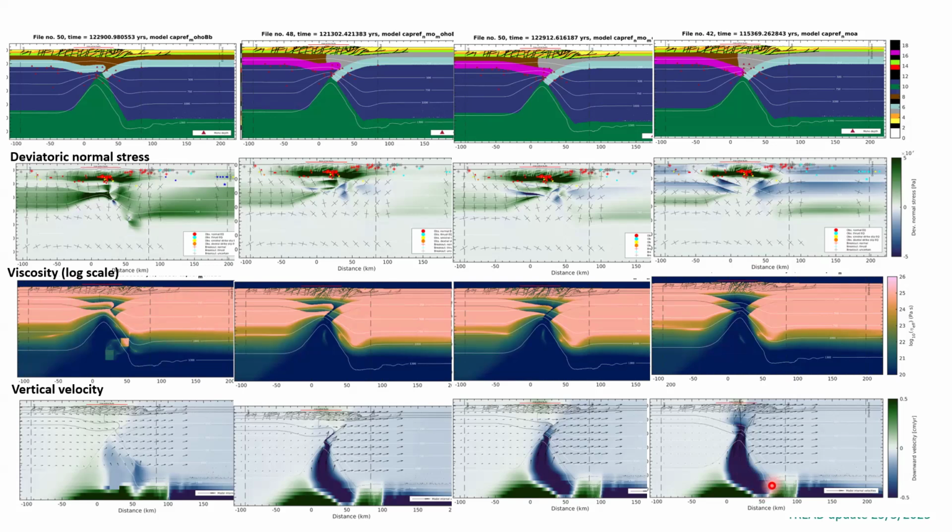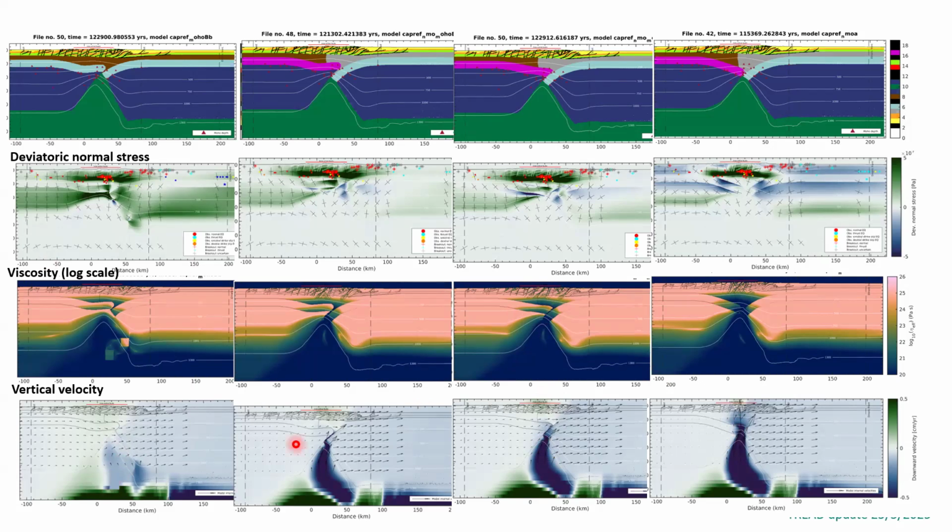This is the vertical velocity, so blue goes upward, and this mantle flow that we have in this window can transfer all the way to the surface. Whereas if the lower crust is a bit shallower and stiffer, it blocks the mantle flow and doesn't transfer all the mantle flow to the surface. And with this model on the left, there is barely any mantle flow because the lower crust is blocking this.